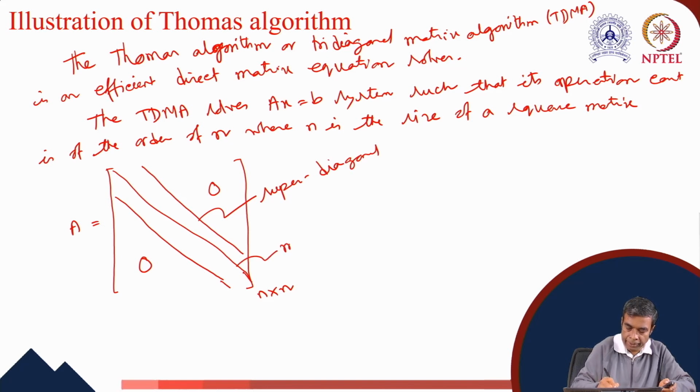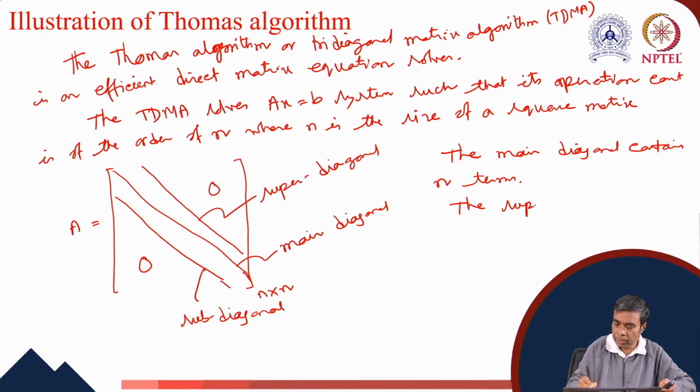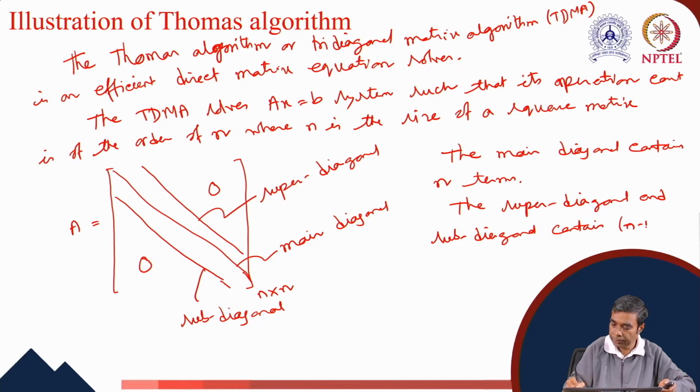This is the main diagonal, and this is the sub diagonal. The main diagonal contains n terms. The super diagonal and sub diagonal contain n minus 1 terms.